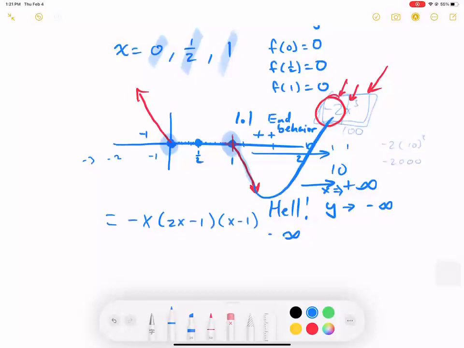I already told you where the zeros are. The zeros can only happen at 0, 1/2, and 1. These are my only zeros. How can you sneak back over if that is not a 0? There are no more zeros here. So one thing I can guarantee you is this: once you're under the ice, you're never coming back up.